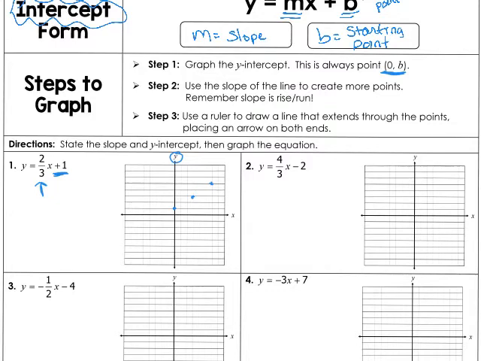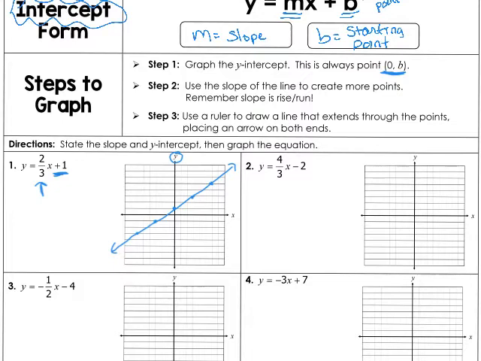Up 2, I ran out of room. But the line also goes down 2 to the left 3. Down 2 to the left 3, and we've run out of room. And so that is how you graph a line. The equation of this line is y equals 2/3 x plus 1.